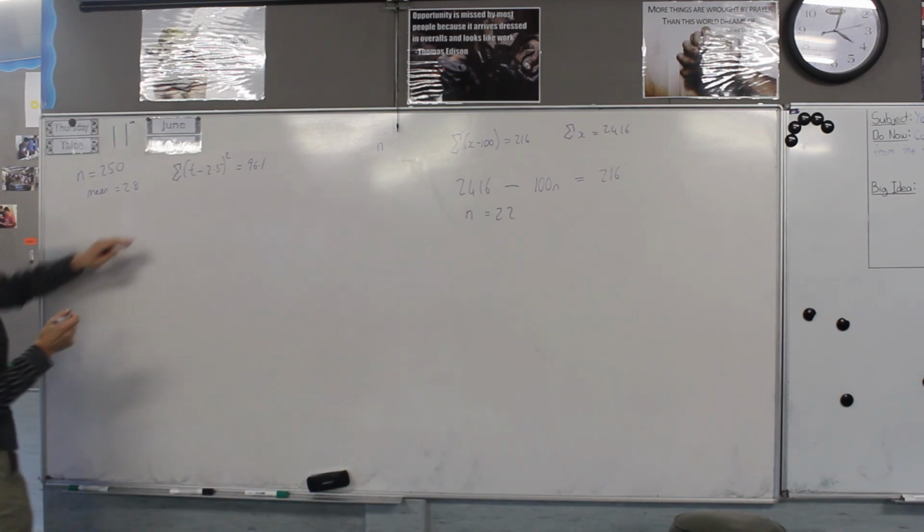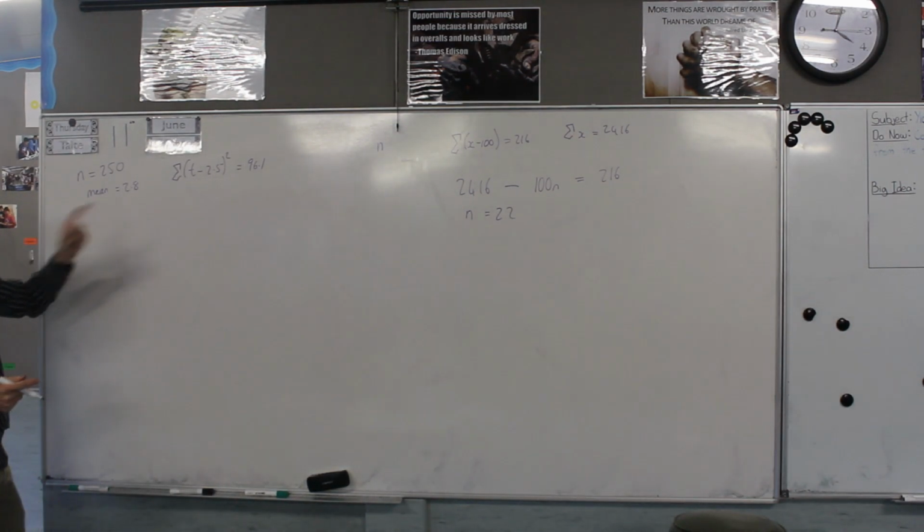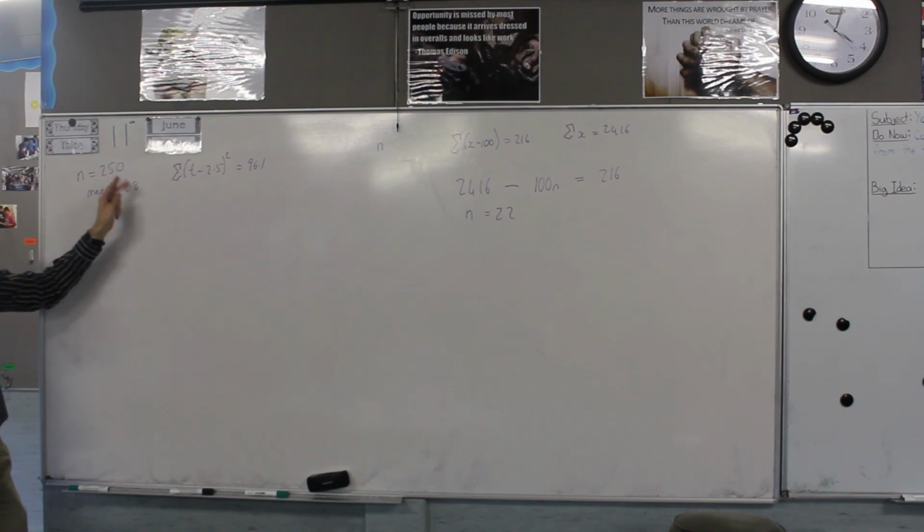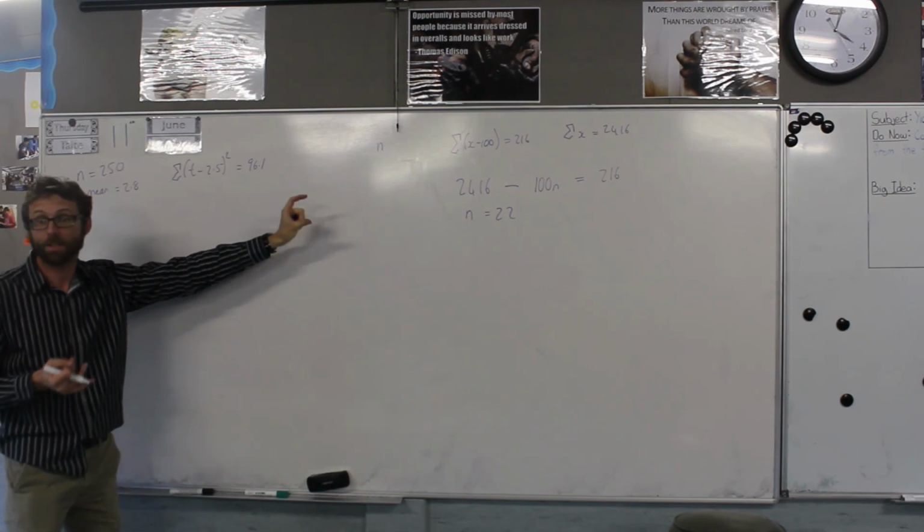Okay. Well, if we know this, there's only one other thing we need to find to get the standard deviation. This over n minus the coded mean squared.